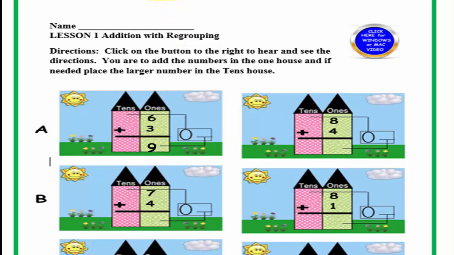Now, however, let's look at this other problem. We have 8 plus 4. So we have 8, 9, 10, 11, 12. So your answer here is 12. Now this is going to be unique. Here's why. Since we have a 10 here, we're going to place a 1 in a balloon, and we'll place the 2 in an elevator.